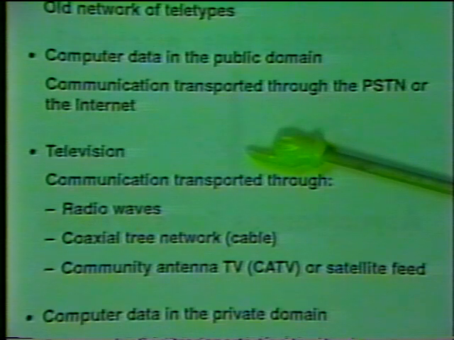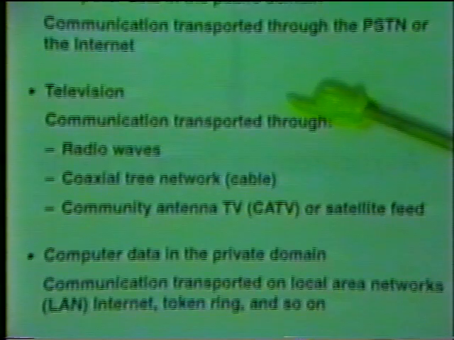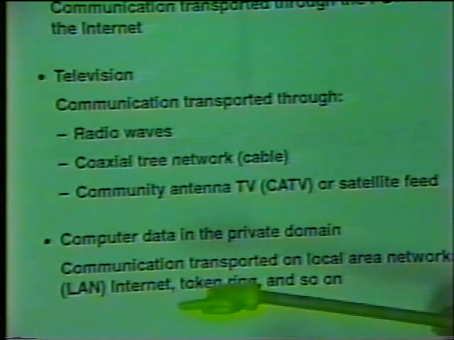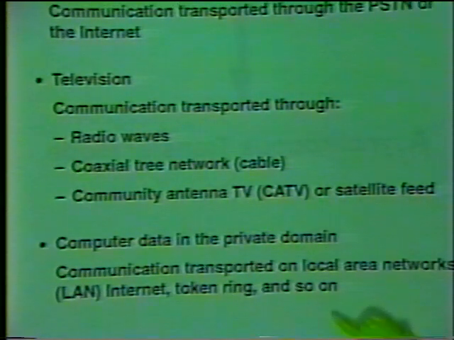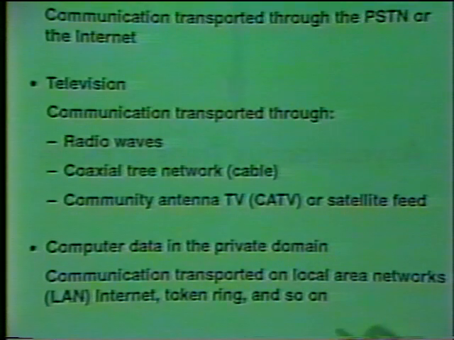It can be broadcast via radio waves, cable, or the CATV or satellite feed, community antenna TV. And then lastly at the bottom here, and if this doesn't show up quite clear, just let me know. We have the computer data being transferred in the private domain, which of course is across a variety of LANs, token ring networks, and other networking topologies.